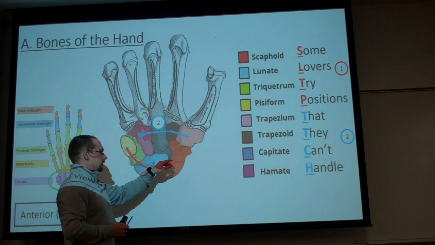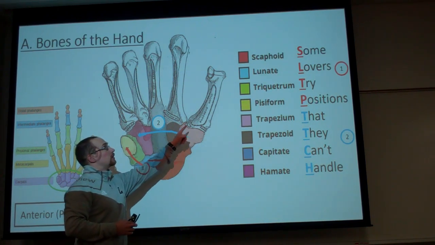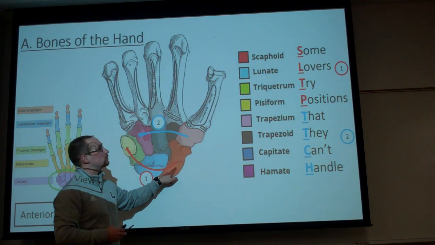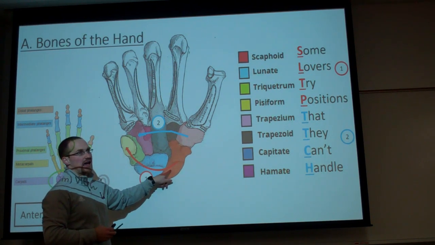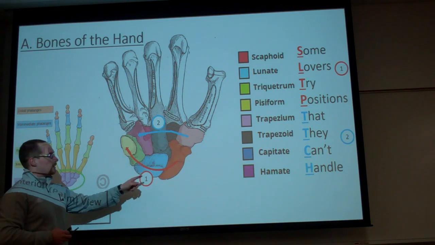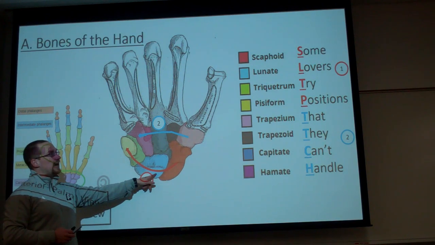Starting bottom row, closest to the thumb, we've got the scaphoid bone in red here. Follow that up in blue with lunate.